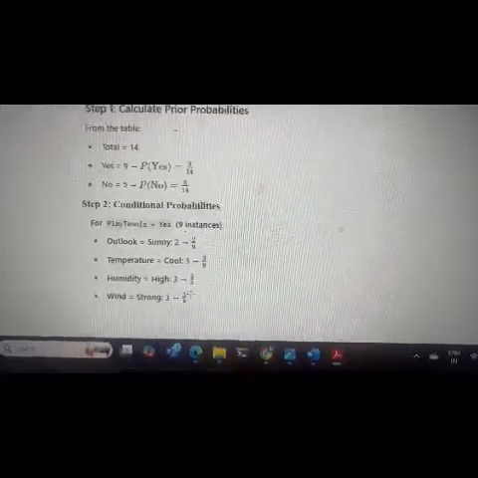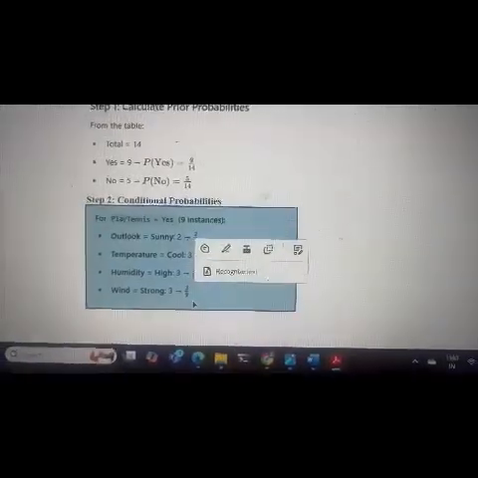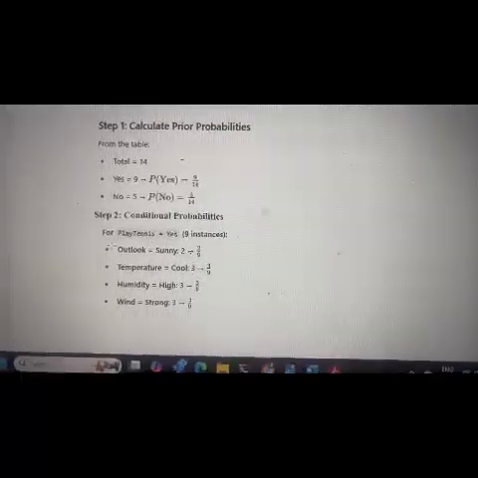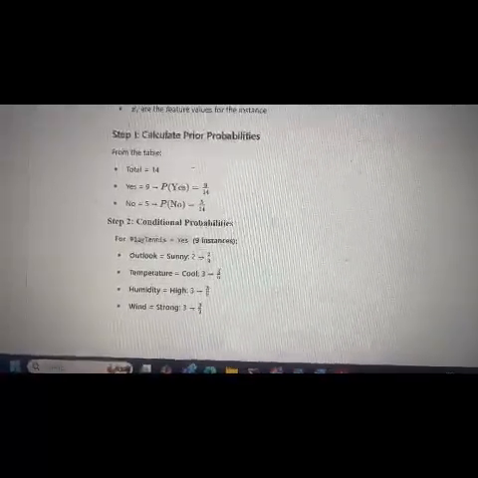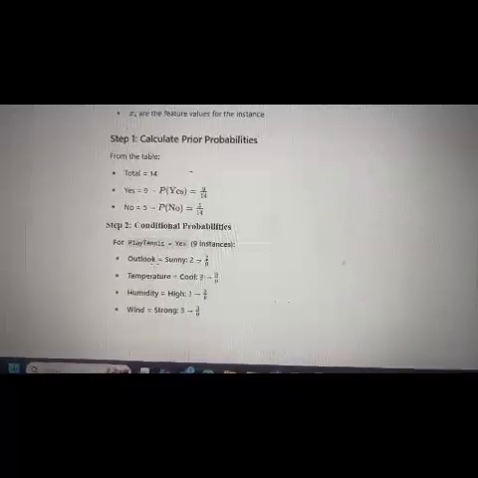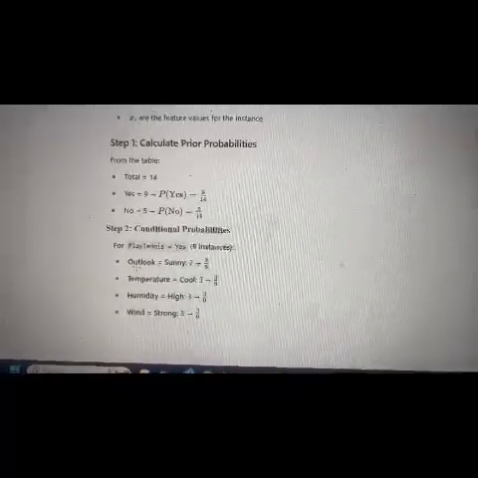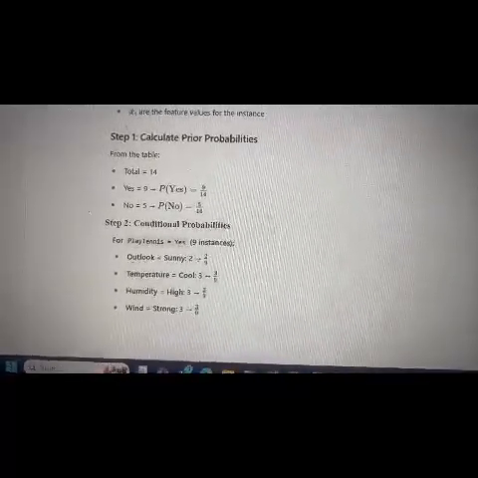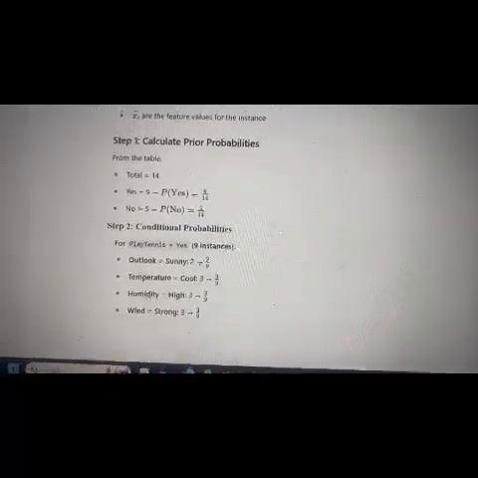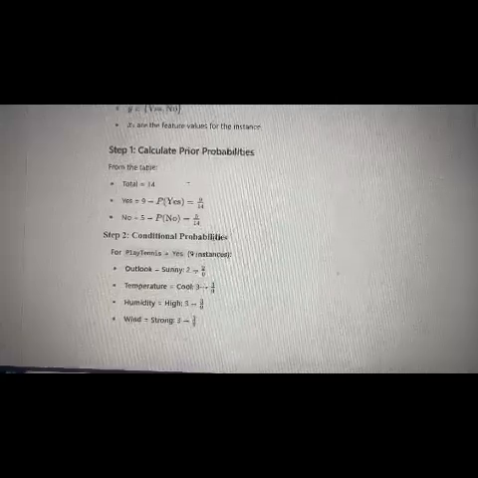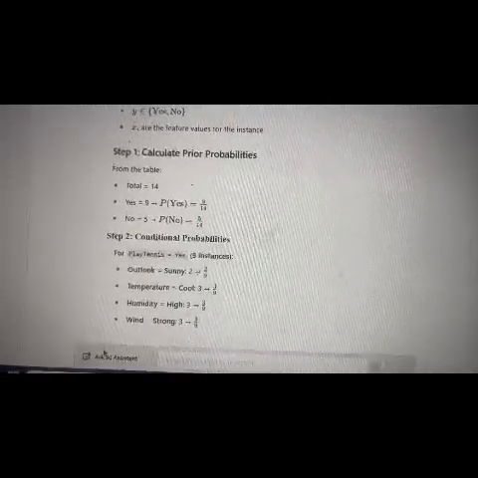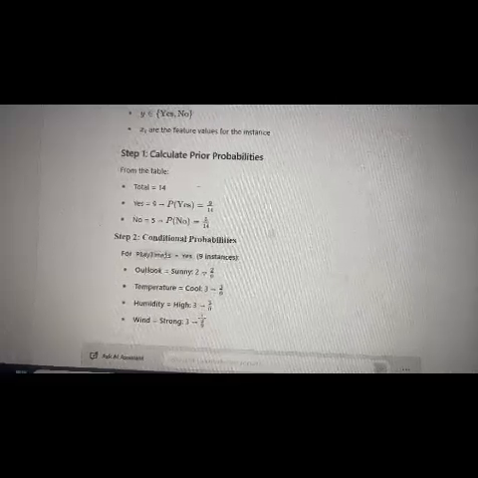Now we need to find the conditional probability, that is, based on the attributes, what probability we have obtained. There are a total of 9 days they play tennis, out of which outlook is sunny on 2 days, so 2 by 9; temperature cool, 3 by 9; humidity high, 3 by 9; wind strong, 3 by 9.